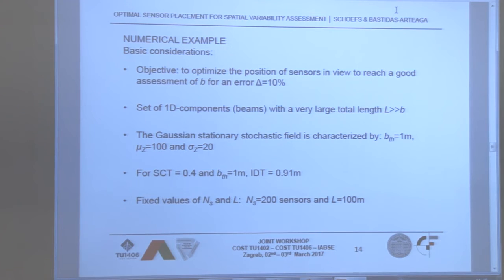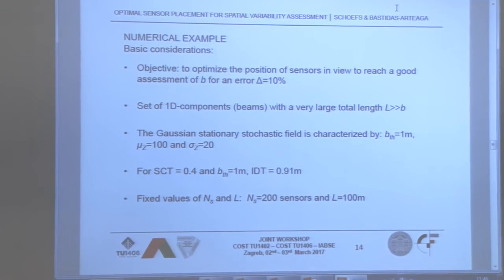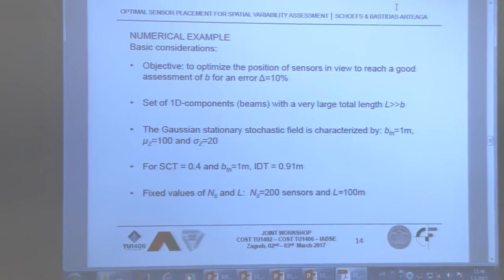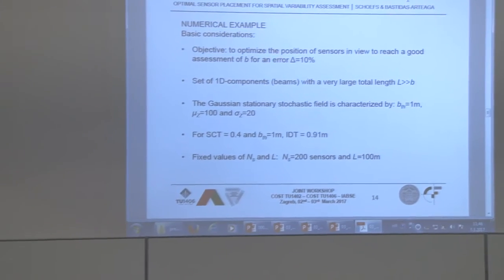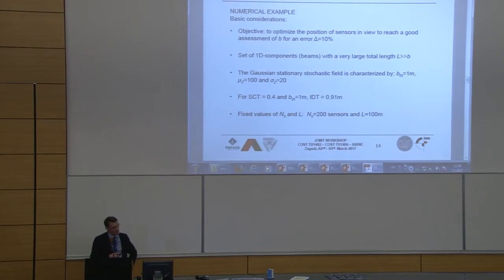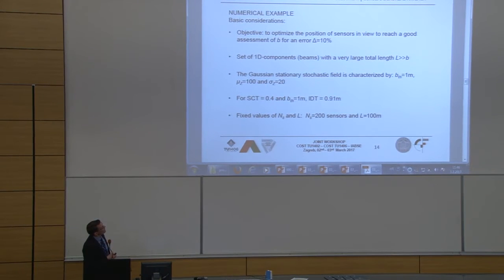I will go to the numerical example now. The objective will be to optimize the position of sensors in view to reach a good assessment of this B value, that means an error of 10%. We have a 1D component where the length is larger in comparison with B. We took these values for the mean value, the standard deviation and the B value.